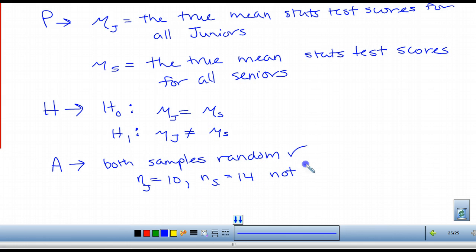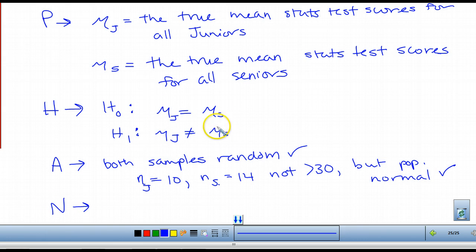We're going to say that they're not greater than 30, but it did say that both populations were following normal distributions. So we'll say populations normal, so that checks out.